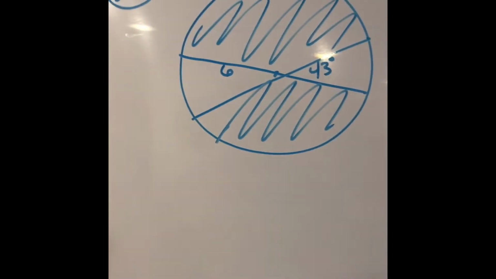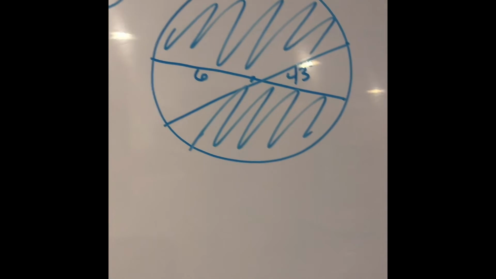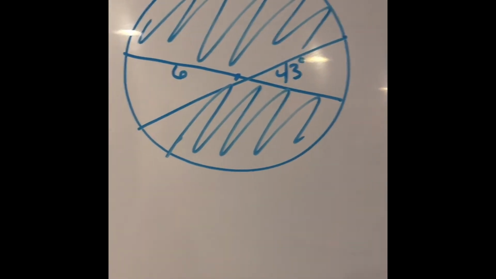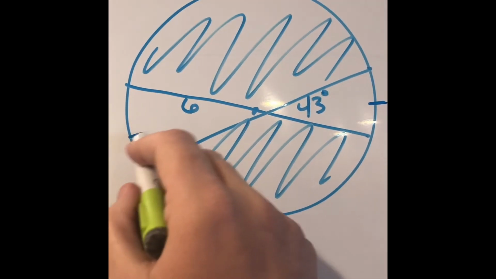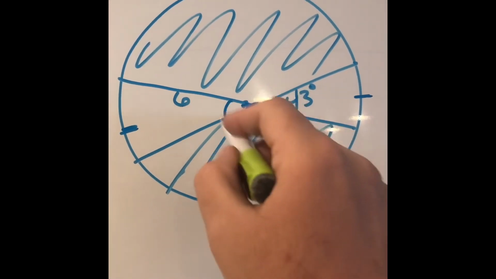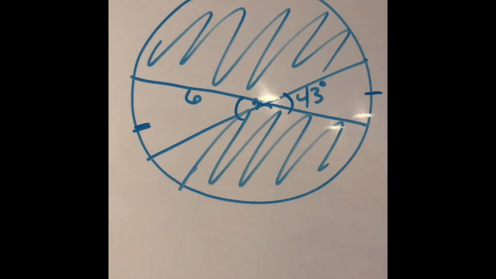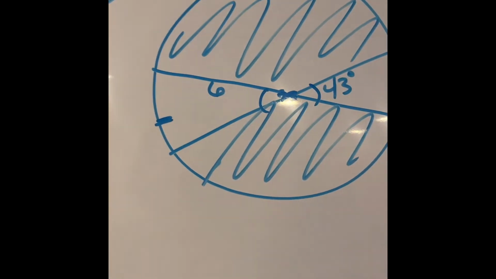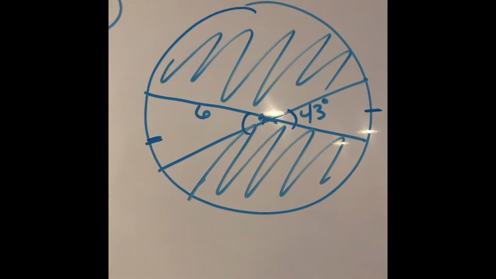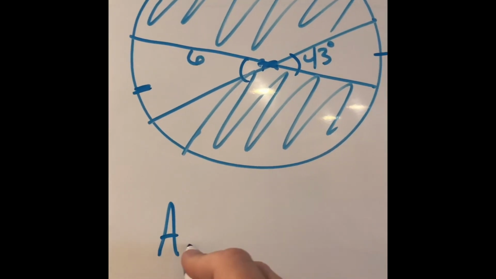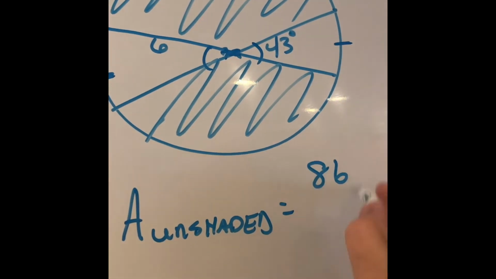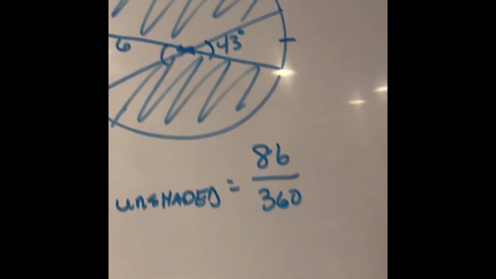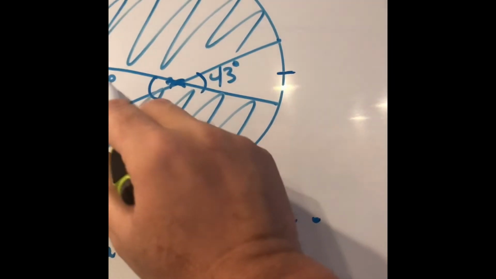And that kind of brings us over to number 20. All right, so I notice here that this is 43 degrees. This one is also 43 degrees because since these are congruent angles, the arcs are going to be congruent as well. So 43 and 43 is actually 86. So the area of the unshaded is going to be 86 out of 360 degrees times the area of my circle.